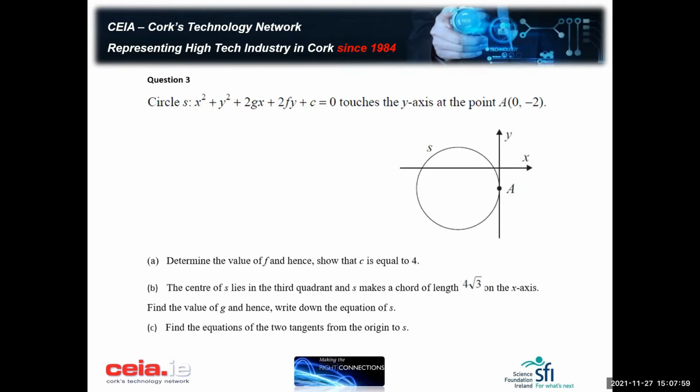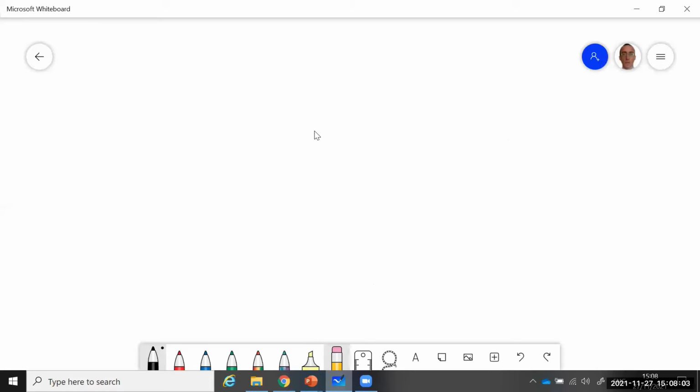Okay, so if I just draw out the item of interest, the diagram of interest here. Okay, no, I'm going to do a better one now than that.